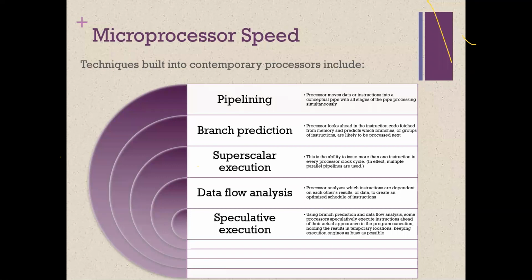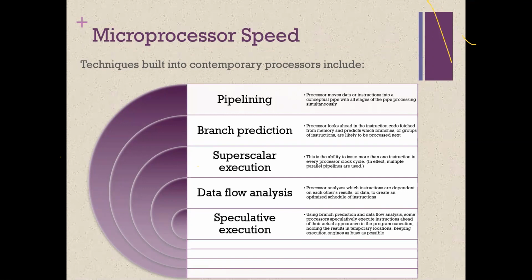Then last but not the least, we have speculative execution. So speculative execution utilizes branch prediction and data flow analysis algorithms. Like in every computing or technology endeavor, there are always advantages, pros and cons to every algorithm or every technique or mechanism.